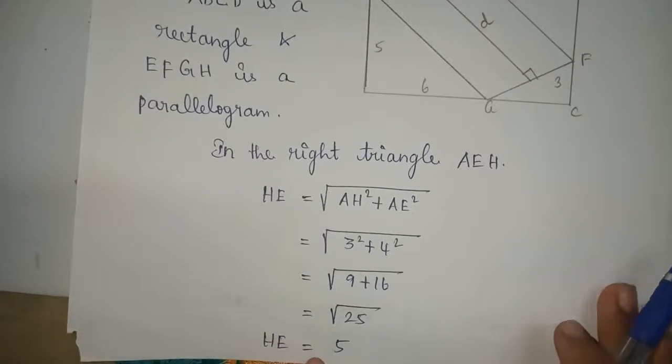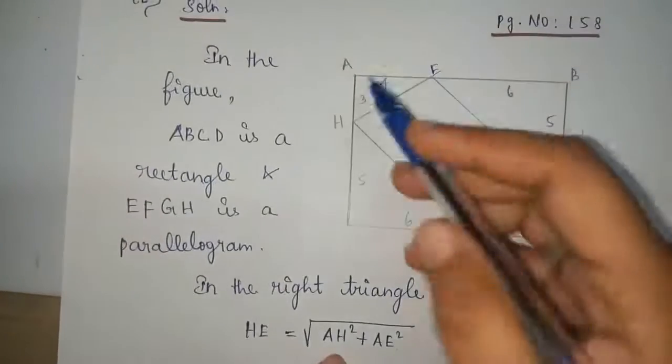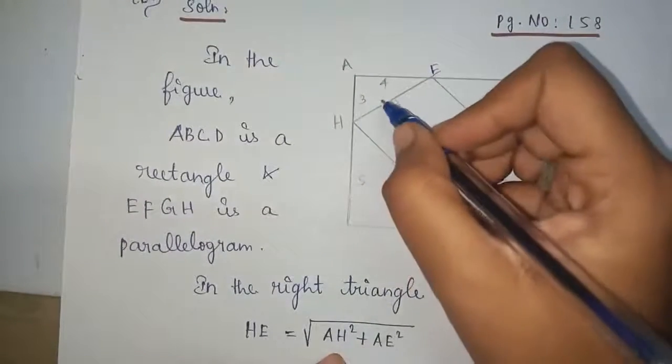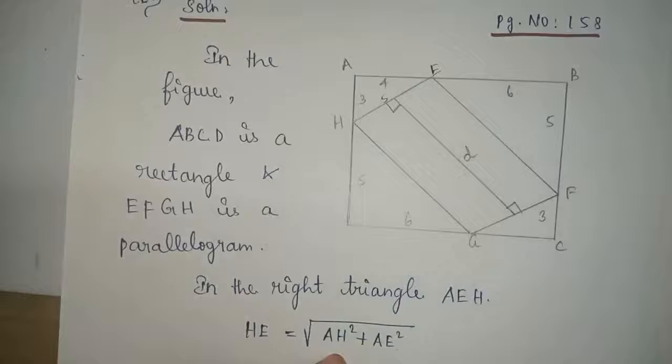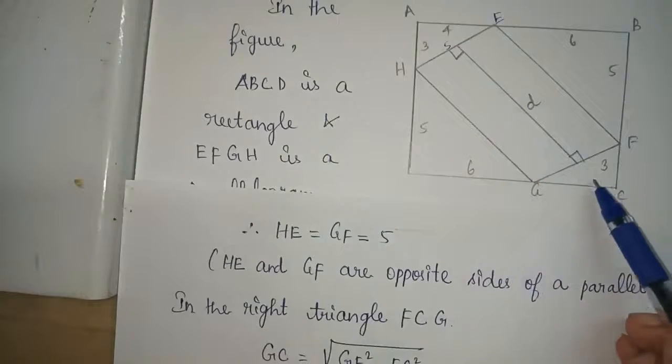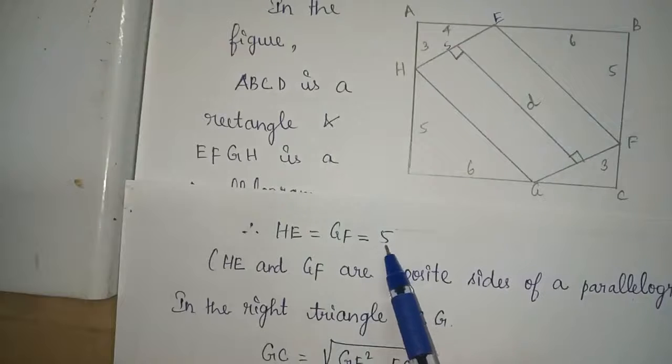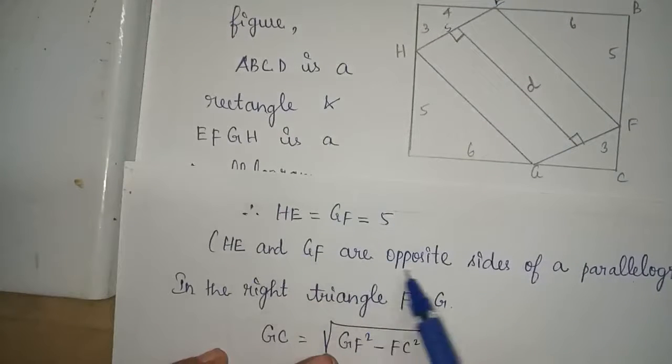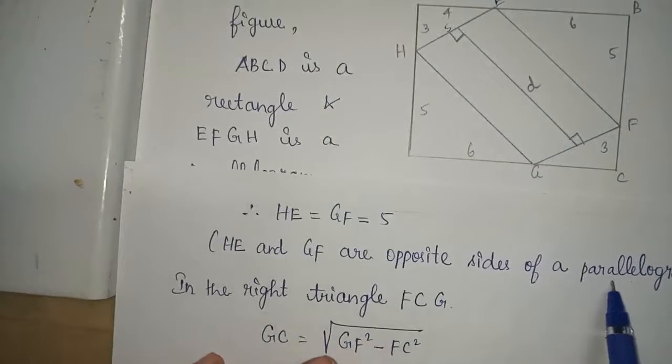So HE is equal to 5. From this we find the HE measurement is 5. Therefore HE and GF both are equal, which is equal to 5, since HE and GF are opposite sides of a parallelogram.